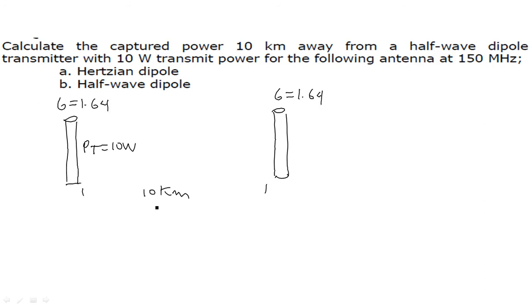Okay, so yeah, power received is equal to 10 watts, 1.64, speed of light raised to 8, frequency raised to 6, 4 pi squared.